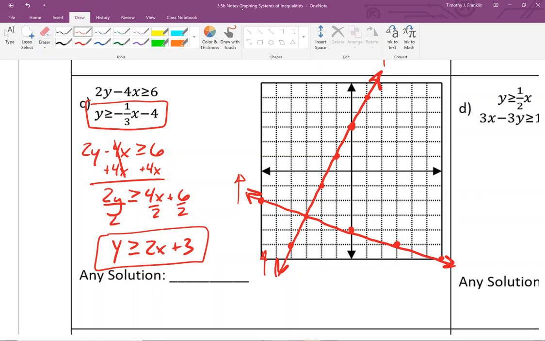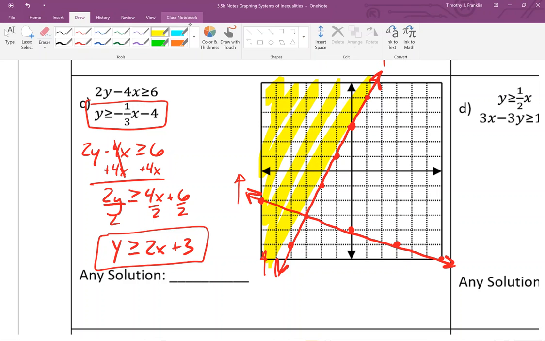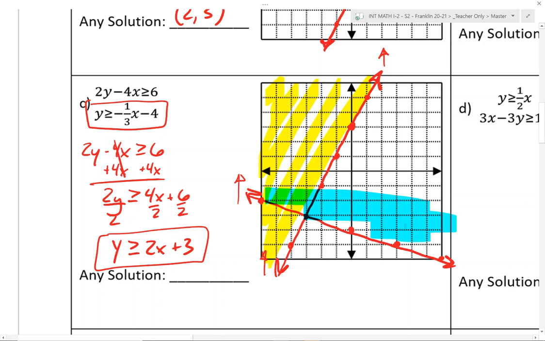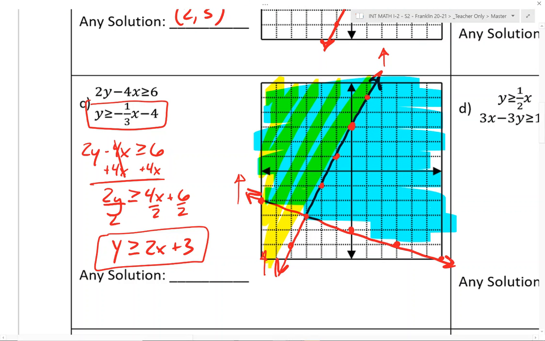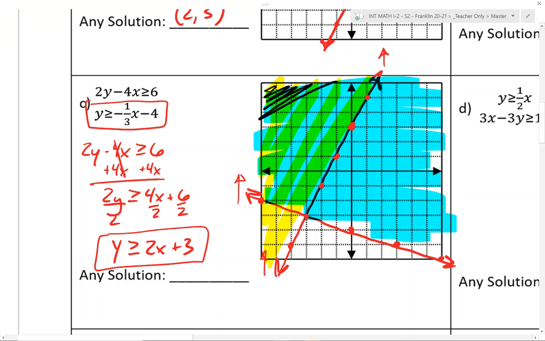And so you can see where the overlap would be. This line is shaded above, so it's here, and the other line is shaded above, so it's like this. The overlapping area is right here.